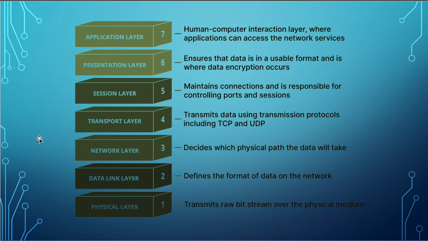The session layer maintains connections and is responsible for controlling ports and sessions. The presentation layer ensures data is in a usable format and is where data encryption occurs. The application layer, the human-computer interaction layer, is where applications can access the network service.